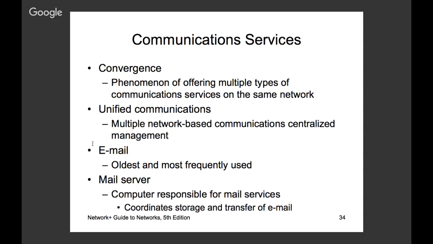The other services available is convergence, which is basically the phenomenon of offering multiple types of communication on the same network. So offering video and audio both on a network, unified communication, multiple different storage management. An example would be they have a whole bunch of devices out now, like a device called Nimble, where you can store terabytes of data and mirror what you have in the cloud locally.